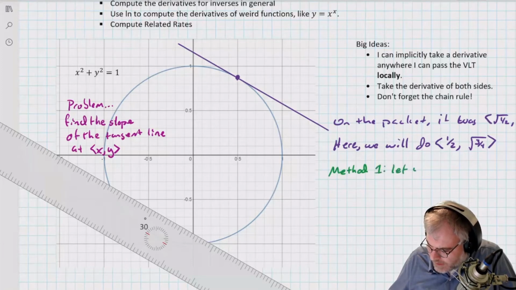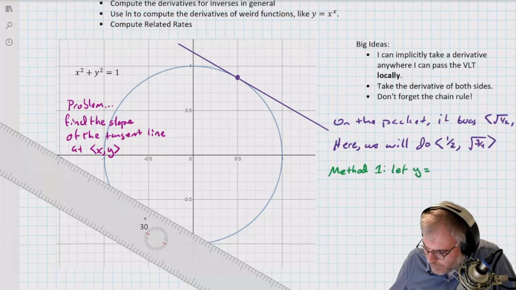Let y equal... So I'm talking about this piece of the curve. So method 1 would be let y equal the square root of 1 minus x squared.